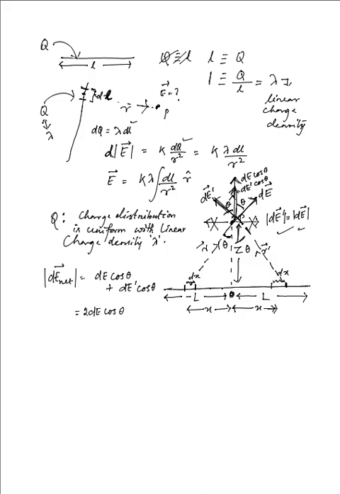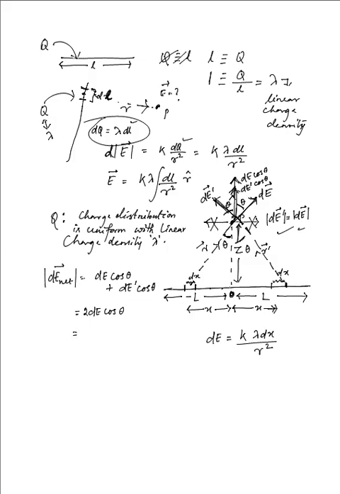Now what is the value of dE in the first place? The dE is equal to k dq, where dq is equal to lambda times dx, as in the previous case we had taken dl, here we have taken dx. So dE is k dq divided by the square of the distance, that is r square. Remember, we are considering the magnitude only. So this is the value of dE.